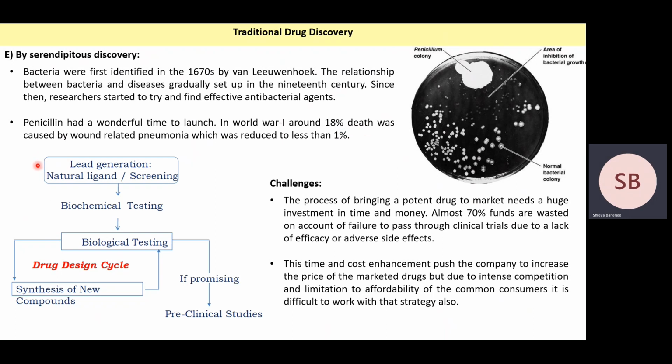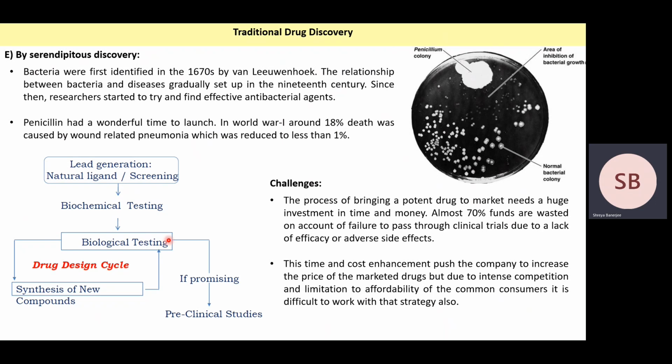So the scheme of traditional drug discovery is firstly finding a lead, either through some natural ligand or by screening, then doing biochemical testing to find out the chemical mechanism by which the lead is interacting with the protein in the body, then biological testing to see if it is biologically viable, that is, it is non-toxic, and its absorption, digestion, and metabolism are all properly happening in the body.